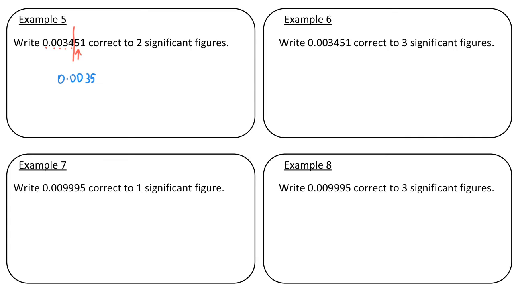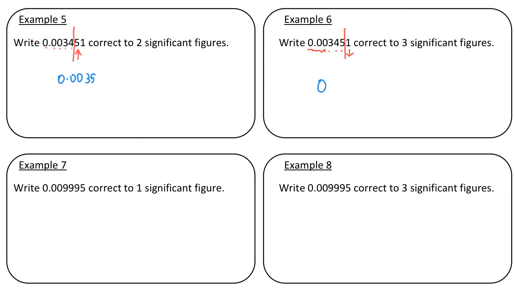In example 6, we've got 0.003451 to 3 significant figures. The 3 is the first, the 4 is the second, the 5 is the third, because remember, these zeros are not significant. We look between the 5 and the 1. We've got a 1 that's less than 5, so we're going to round down.